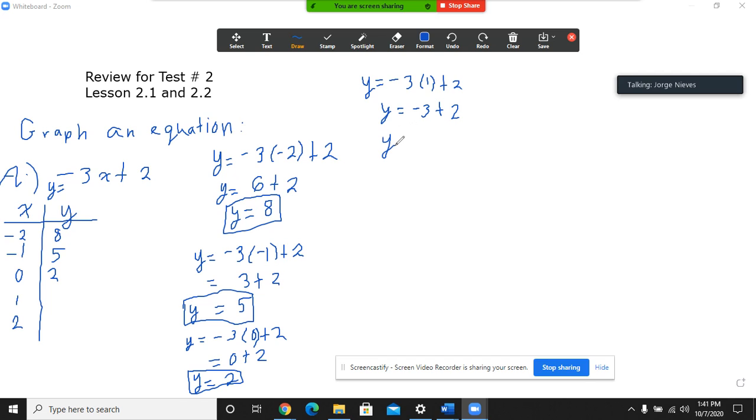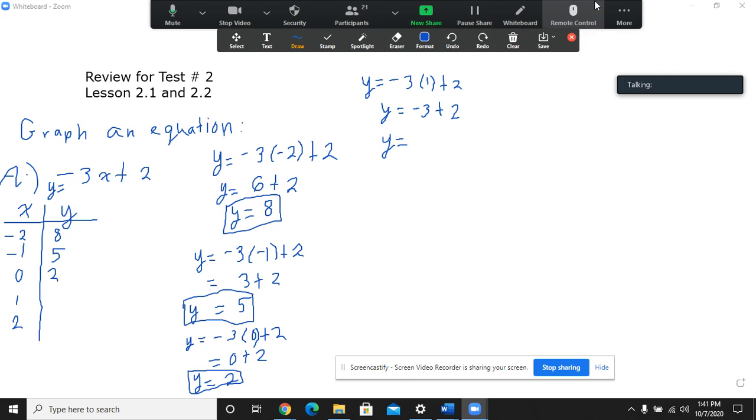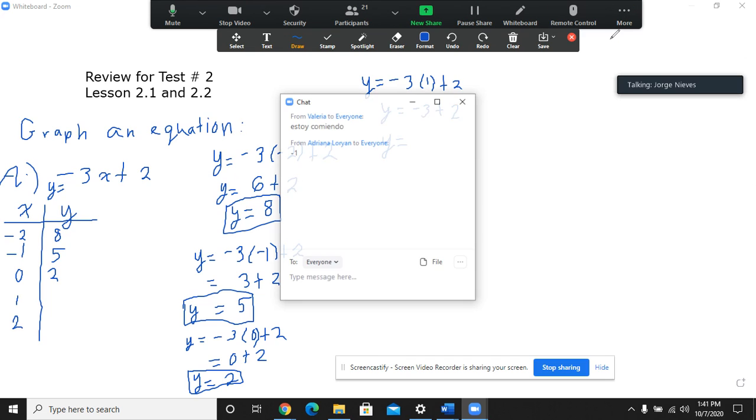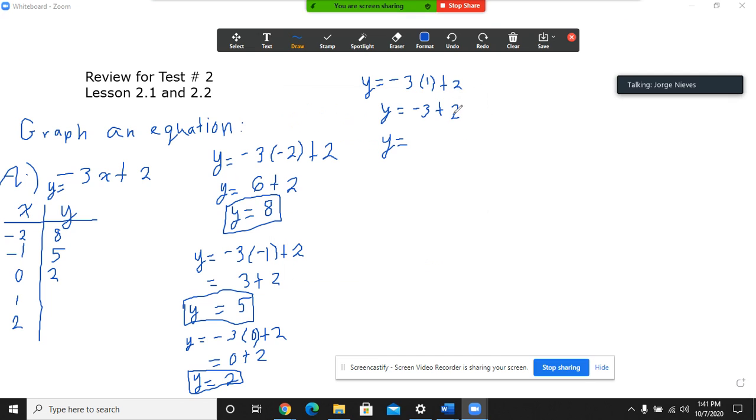Alguien que lo escriba en el chat, porque no sé si lo escucho. Negative 3 plus 2 is negative 1. Thank you, Adriana. So the next coordinate I have is negative 1.